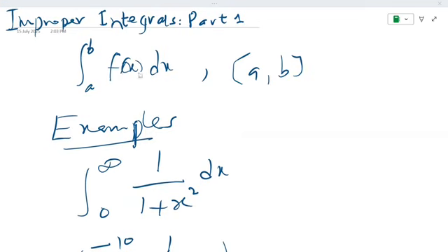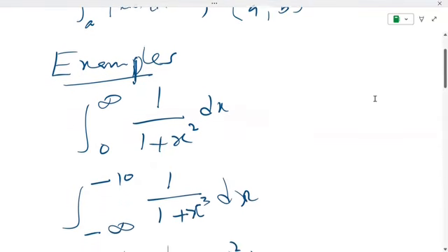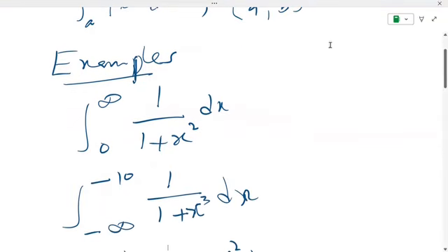f of x is a function that we normally deal with, and [A, B] is actually a closed interval. Because we are dealing with improper integrals, we want to explain what is meant by an improper integral. Here we have these examples.